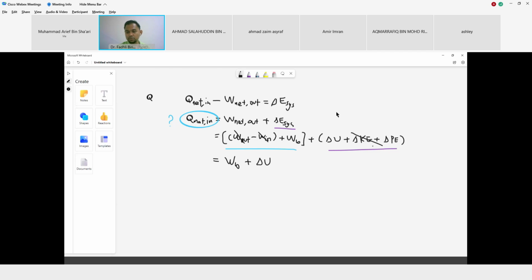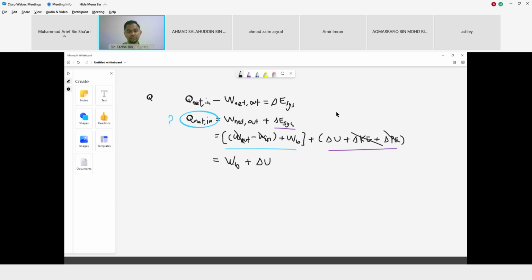And then same for potential energy. The piston cylinder device is on the ground, not at the top of any mountain or hill. So that's why delta PE juga kita jadikan kosong. It's not related.